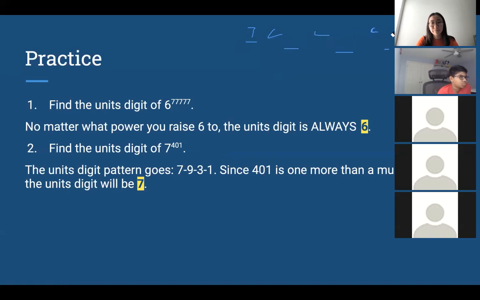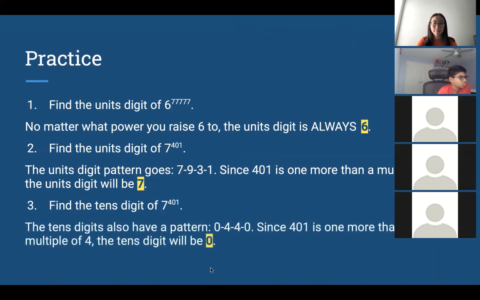All right. And now for finding the tens digit. First we have to find the pattern in the tens digit, which is written out there, but we can just solve it for ourselves. 7 to the first power is 7, so the tens place has a 0 in it.